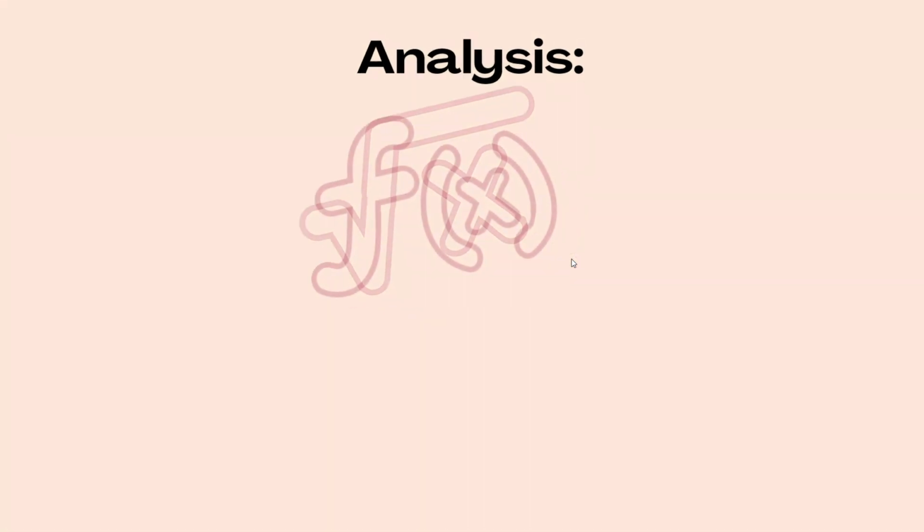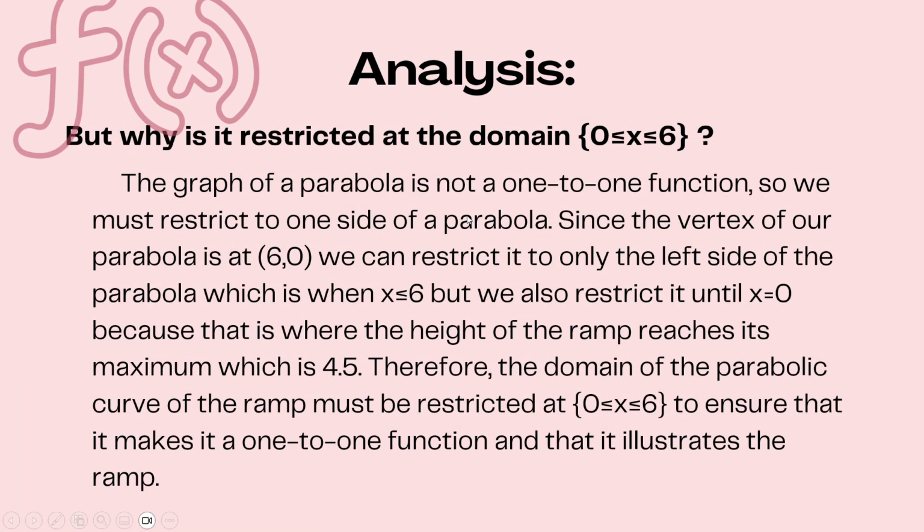Now, for the graph, why is it restricted at a domain? The graph of a parabola is not a one-to-one function, so we must restrict to one side of the parabola. Since the vertex of our parabola is at (6, 0), we can restrict it to only the left side of the parabola, which is when x is less than or equal to 6.